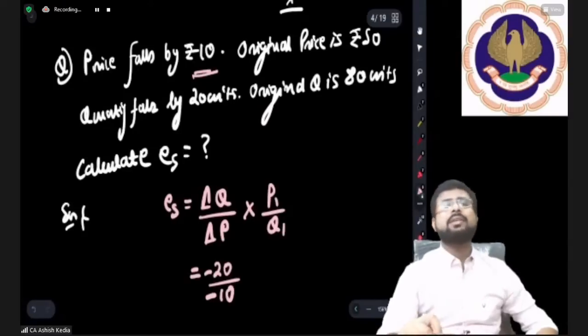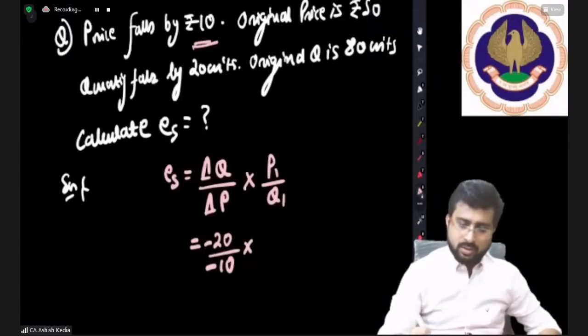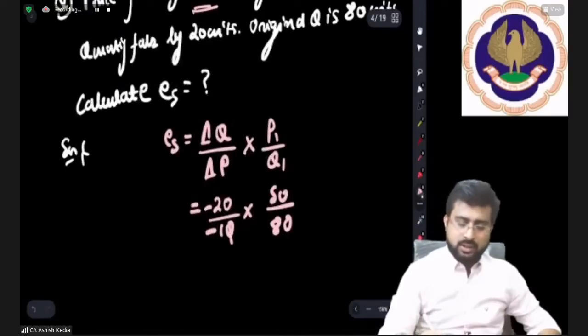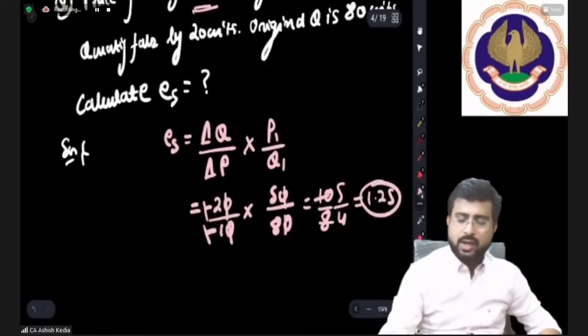Why minus? Because it has fallen. Into original price, which is 50 rupees, by original quantity, which is 80 units. The zeros cancel, minus minus gone, 10 by 8, so 5 by 4. The answer will be 1.25.